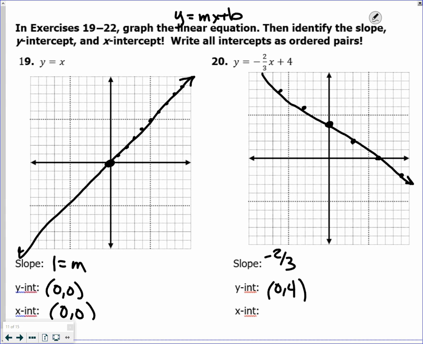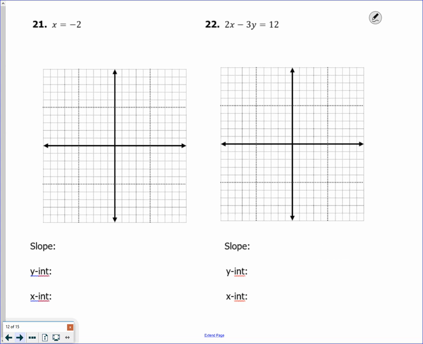Make sure you use a straight edge if you get a chance. And then the x-intercept is the point where it crosses the x-axis. So you're talking about the point 6, 0. Again, all need to be, I'm going to circle this up here, ordered pairs when doing any of your intercepts. Don't lose points on your test for not writing things as points.